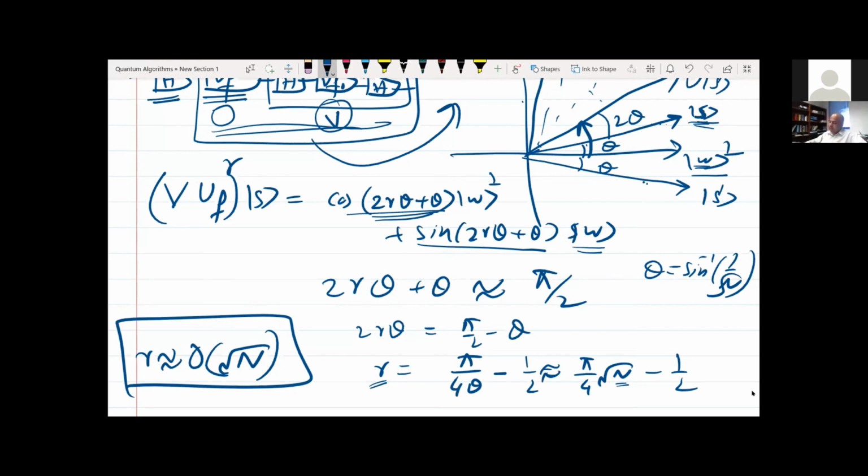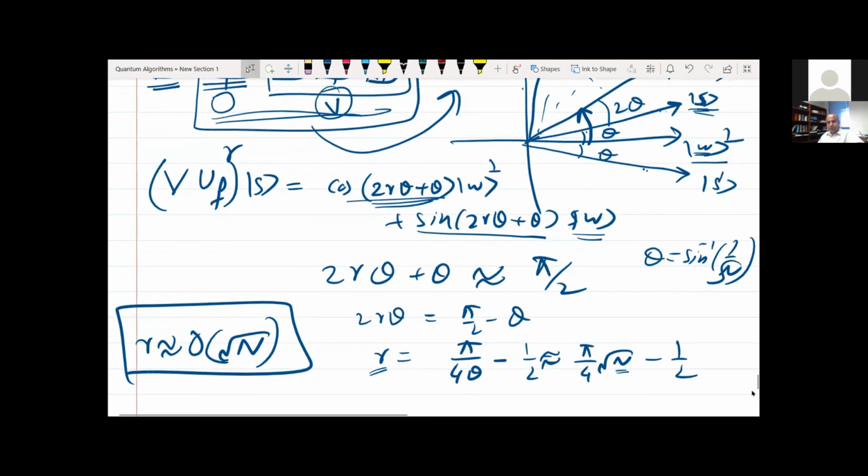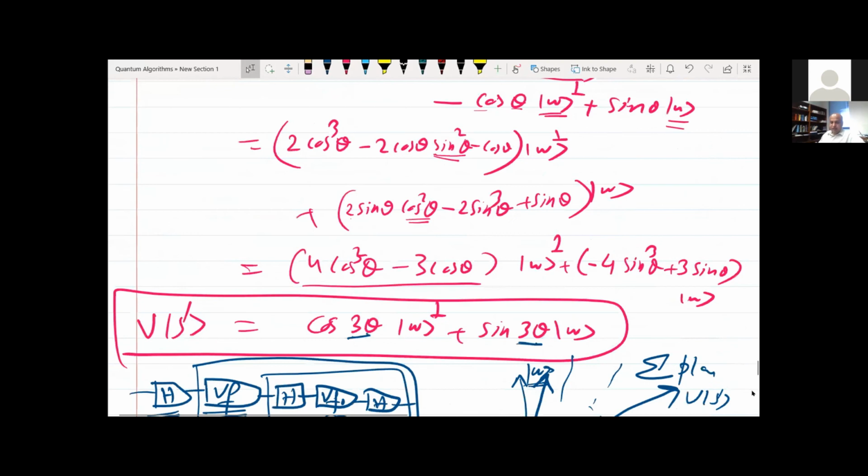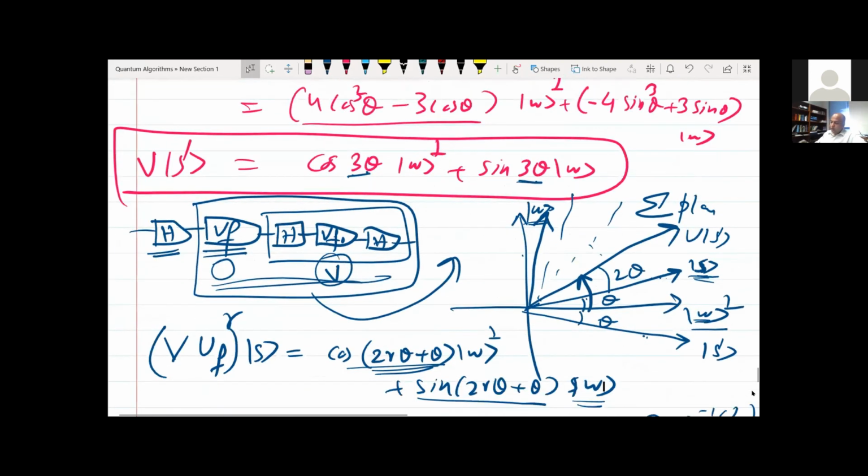But quantum mechanically, I can find the state W by accessing only the square root of 1,000,000, which is roughly 1,000. So by exploiting the superposition and by doing the interference, so this part is essentially doing what initially I was calling interference, because this is what is increasing the amplitude of the state in this direction.